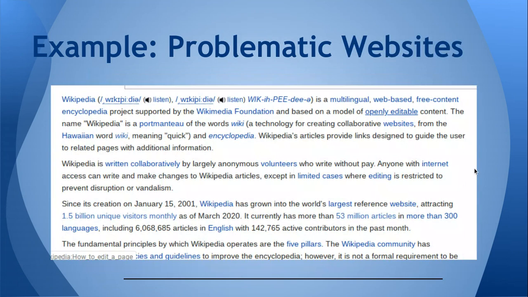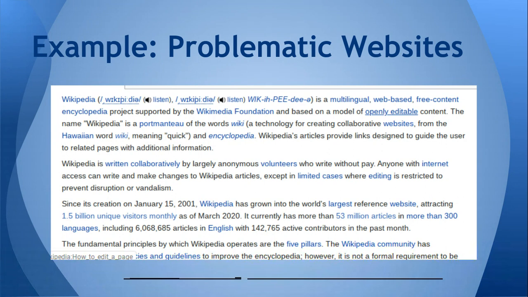We've also got some websites that can be problematic as landing points for the types of sources that you would like to use in your particular essays or assignments. Wikipedia is one of those websites. So remember that Wikipedia is open to public revision, meaning that anybody can go in and write an article about something, which creates problems for knowing their credentials and that kind of thing.